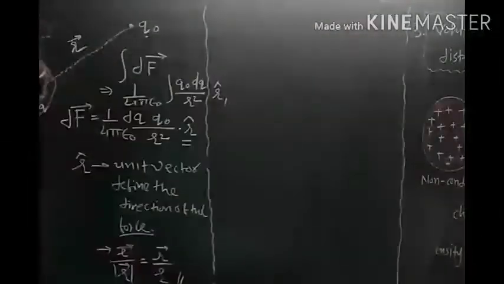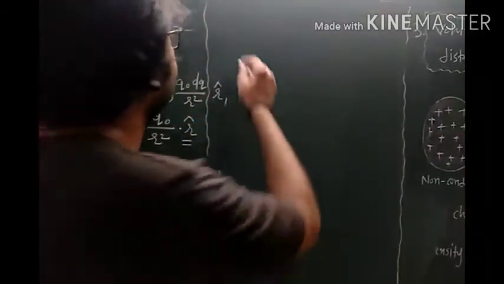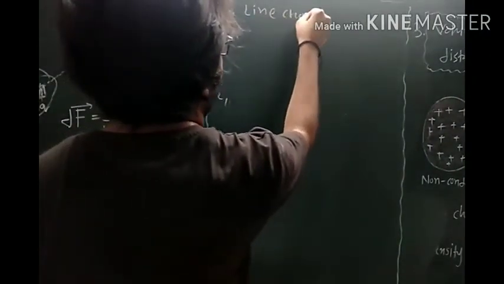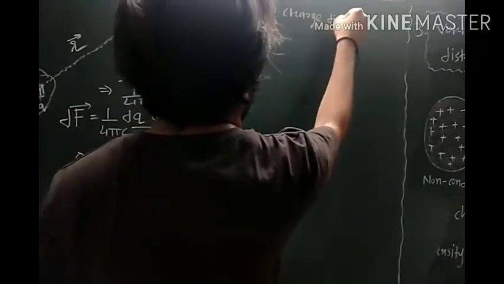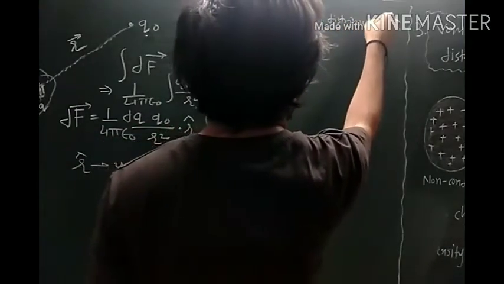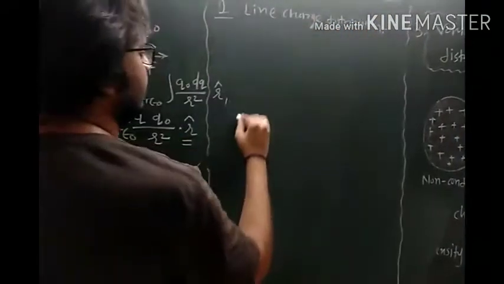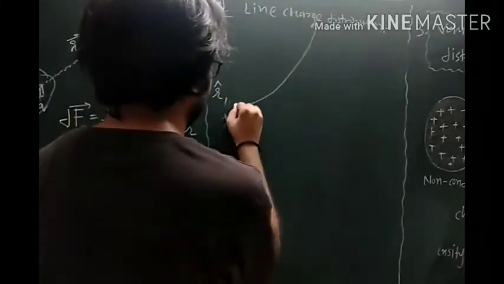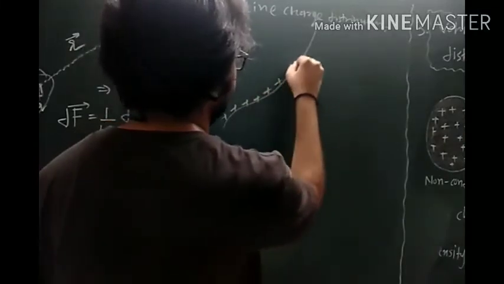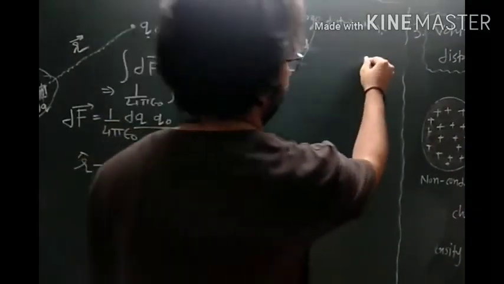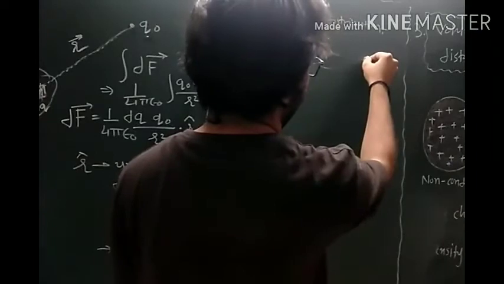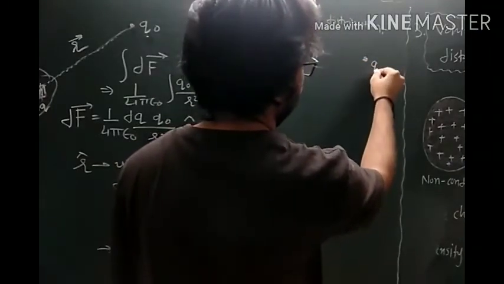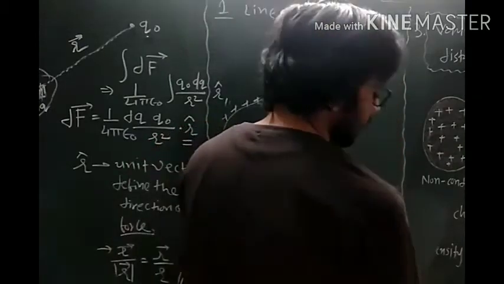Now we talk about line charge distribution. Suppose here it is given one line, and the charges are distributed linearly in this line. So we want to find out the electric field or electric force at this point. So we take one charge q naught.